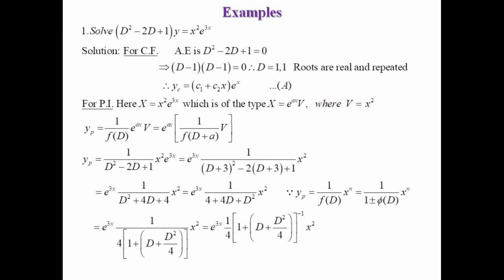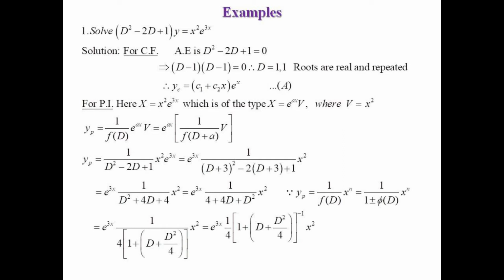After simplifying, we get the denominator as D^2 + 4D + 4 into x^2, so we have e^(3x) times 1/(4 + 4D + D^2) x^2. Because this equation is of the type 1/f(D) x^n, which is equal to 1/[1 ± φ(D)] x^n.